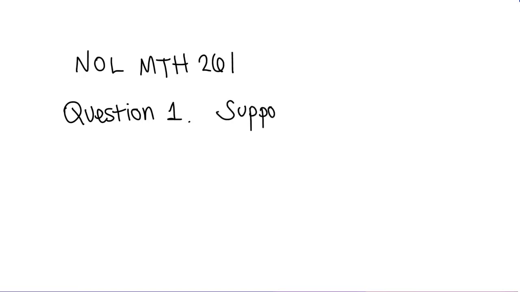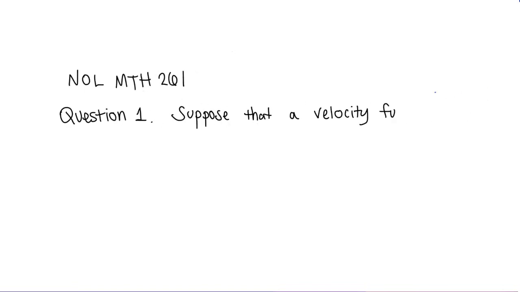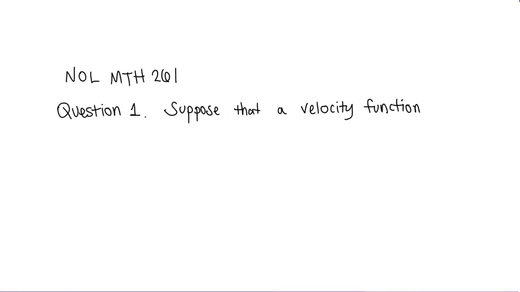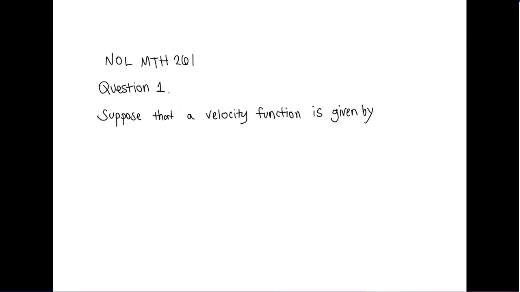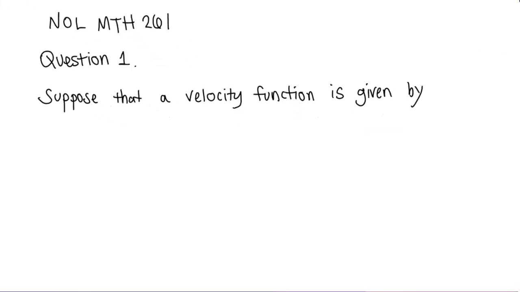Suppose that a velocity function is given by, and I have to make one up, S prime of t equals 5t to the third power.